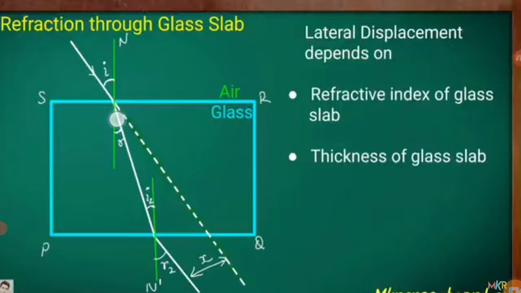For that reason, the light ray gets refracted in this direction, making an angle of refraction r. Then as this light ray travels straight, because there was no refraction here, it comes to this point, and again it experiences the change in the transparent medium, that is glass to air. So again the light ray gets refracted, and it emerges making a refracted angle r2.